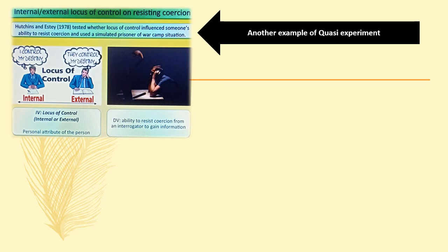Internal means I control my destiny. External, they control my destiny. The independent variable is the locus of control, whether it is internal or external. So it is a personal attribute of the person. And the dependent variable on the other side, you can see, is the ability to resist coercion from an interrogator to gain information. Okay.